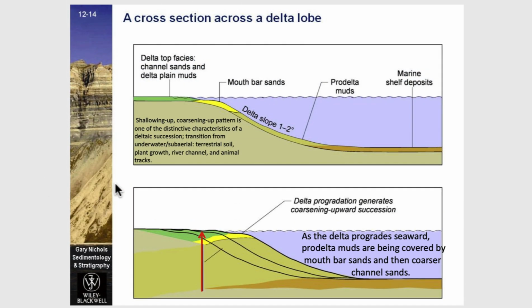This is a cross section of a delta lobe. It's trying to explain how the prograding occurs. So we are revisiting some of the concepts I've mentioned. Usually the delta slope is relatively shallow, but still it's widely over, I think, the threshold we saw for braided river systems.